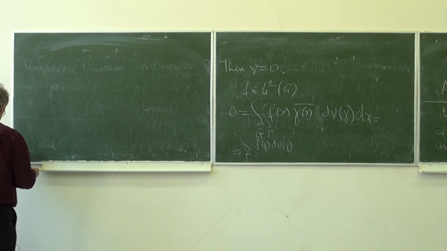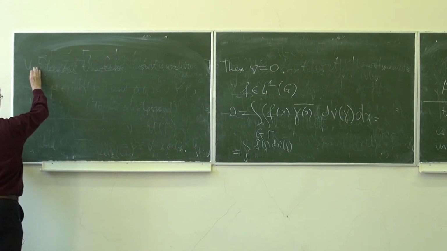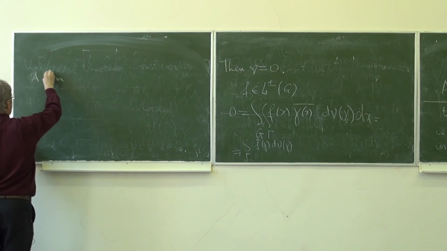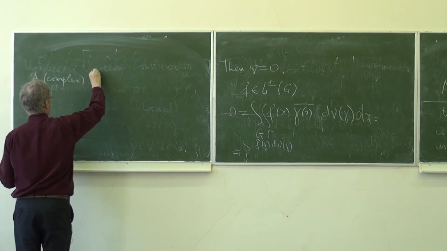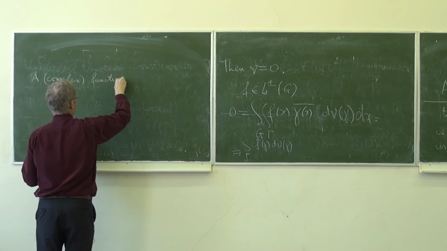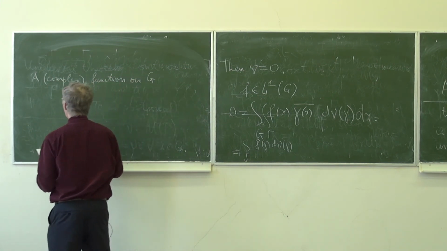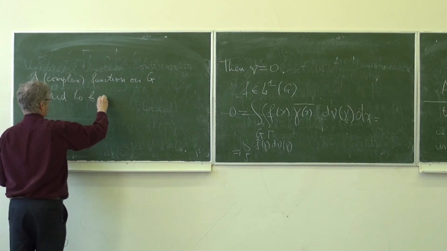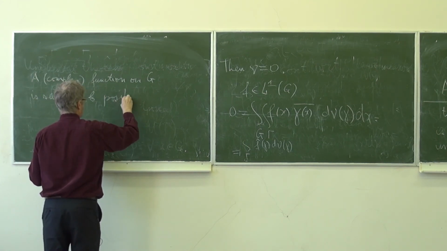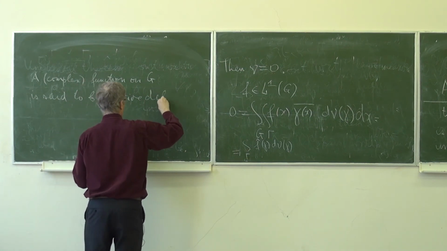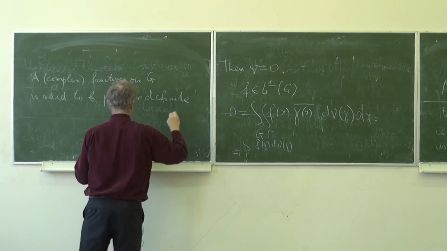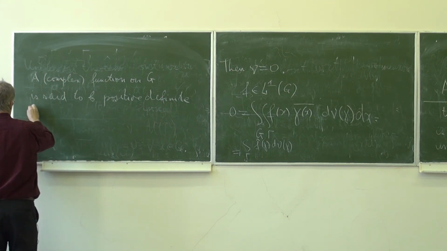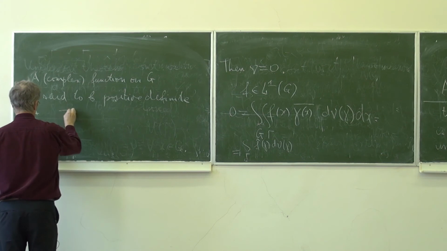So the definition is as follows. A complex function on G is said to be positive definite if we have the following inequality.